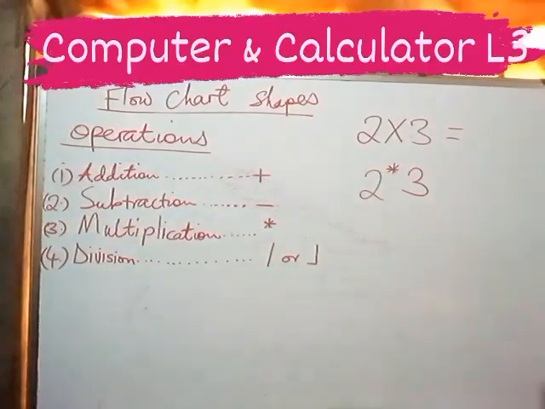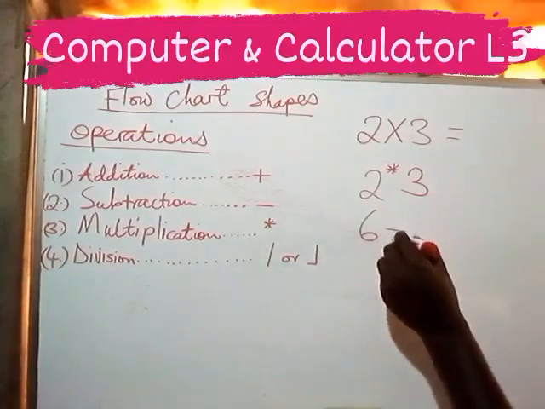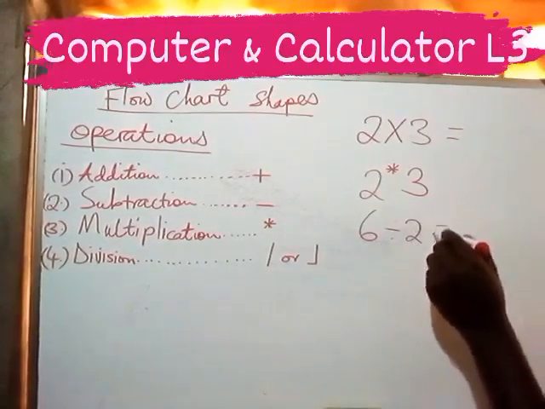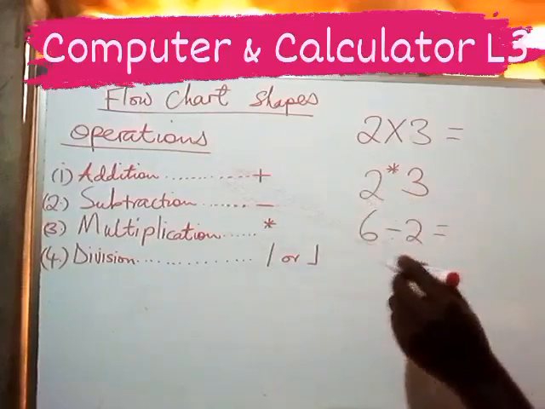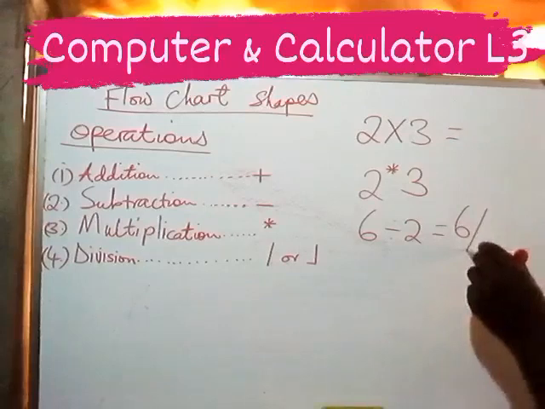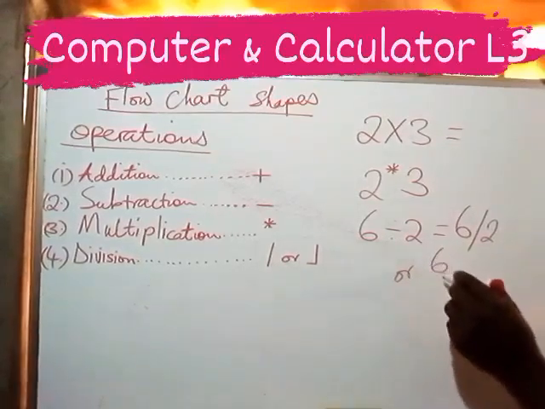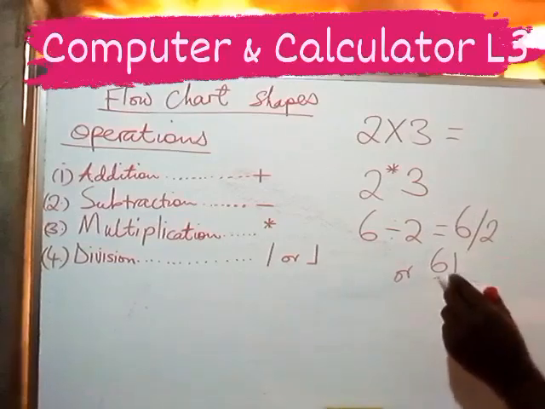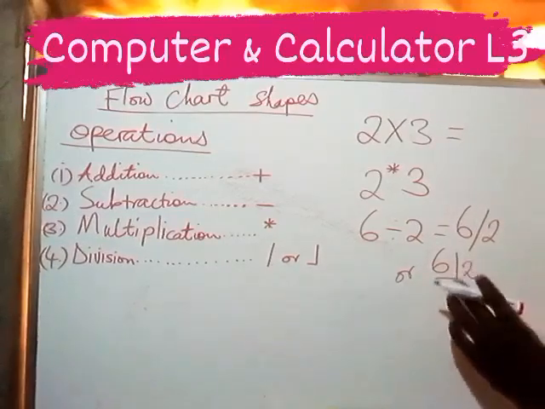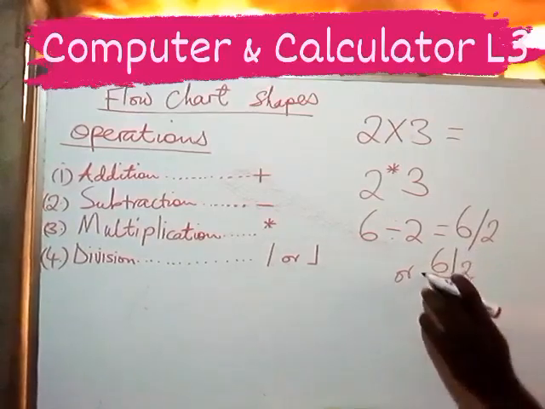Then we go to division. If I write 6 divided by 2, in a normal program of such kind, we are going to have 6 stroke 2. Or if you don't mind, you can write 6, then you do this, then you write a 2. So this means a division.